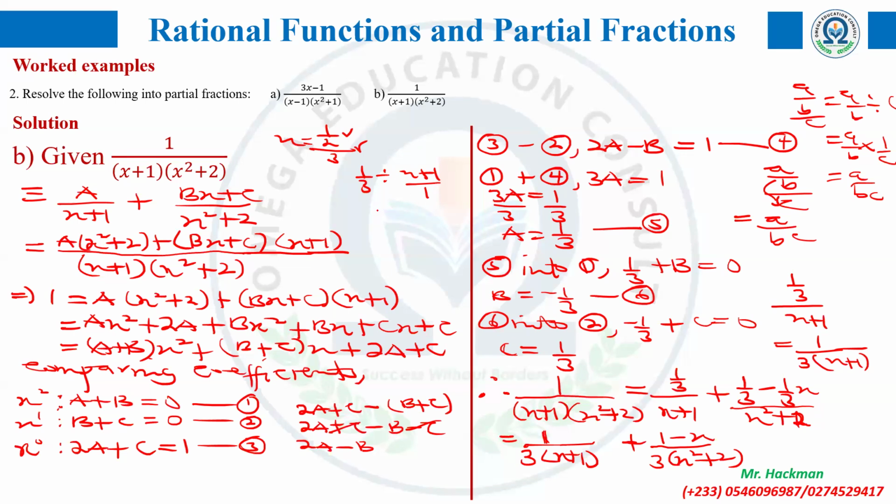So in this case, this will be 1 over 3 times 1 over x plus 1. The 1 will multiply to give you 1, then over 3 into this, but don't expand. Is my point well made? Yes, sir. Okay, then you come and do the same here.